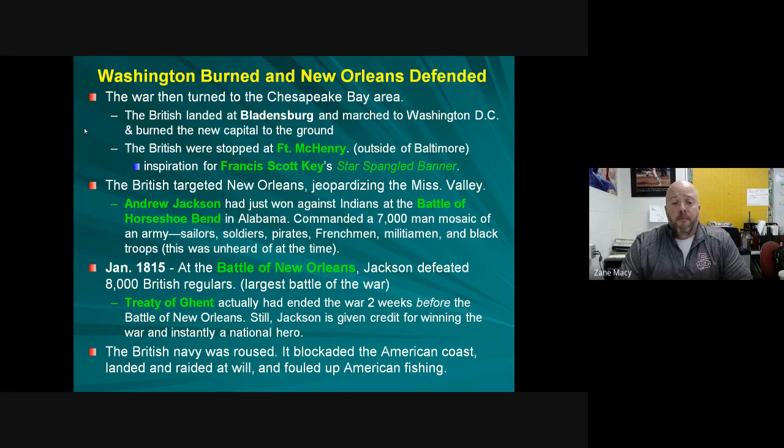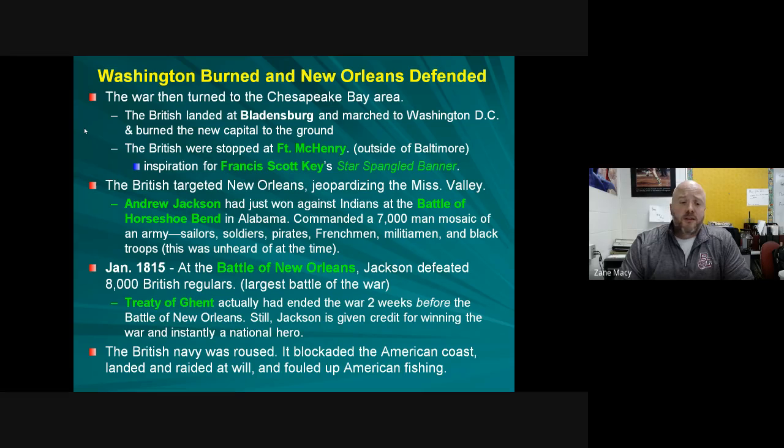You had black troops, former slaves or slaves that were fighting against the British at the behest of their owners, which was extremely unheard of at this time, to allow African Americans to fight one way or another, because the vast majority of African Americans were slaves, and in the eyes of slave owners, the worst thing you could do would be to arm them.